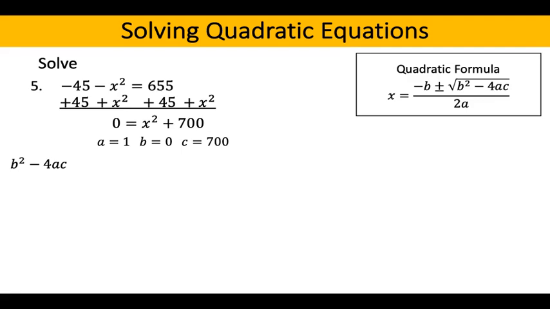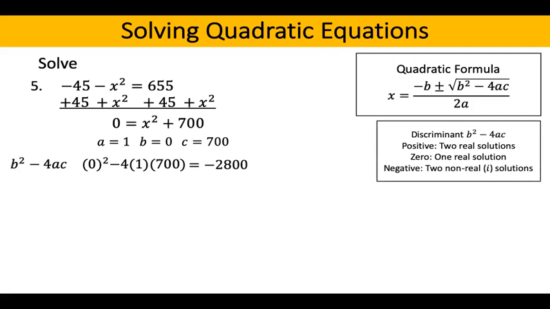So b squared minus 4ac will have 0 squared minus 4 times 1 times 700. When you evaluate that value, we find that the discriminant equals a negative 2,800. Because that is negative, we will have two non-real solutions.